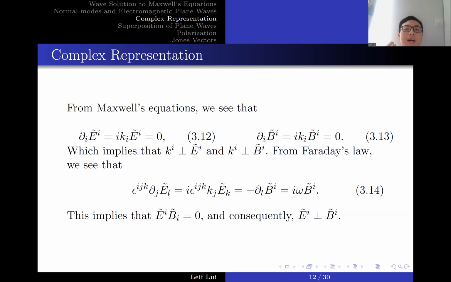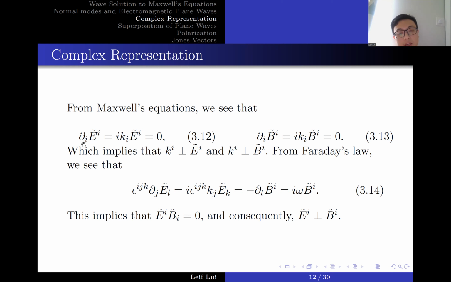I also said that this makes it clearer that the oscillations of the wave are orthogonal to the propagation. I will show this right here. From Maxwell's equations, we can see that the divergence of the electric field is always zero, and the divergence of the magnetic field is always zero in free space.